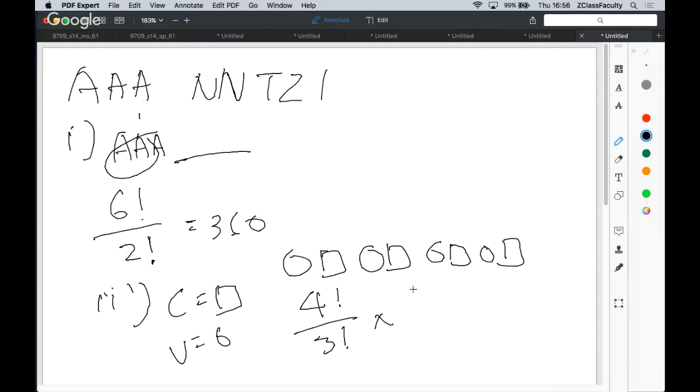So I've set the consonants as squares and the vowels as circles, and then I got 4. So in total, I got 3 A's. And next is the total, and then I have to divide by, and then I got, I think. Yes.